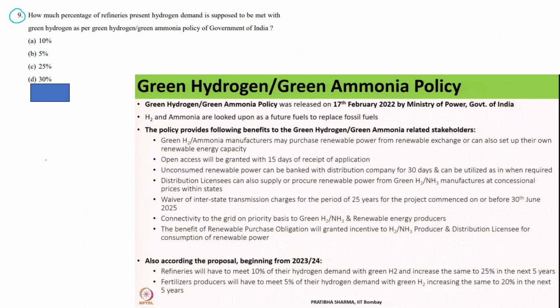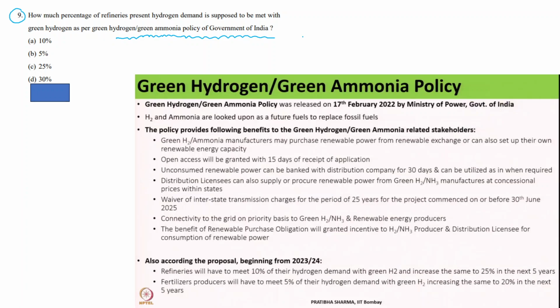Question number 9. How much percentage of the refineries' present hydrogen demand is supposed to be met with green hydrogen as per the green hydrogen or green ammonia policy of the Government of India? So for refinery it is 10%.